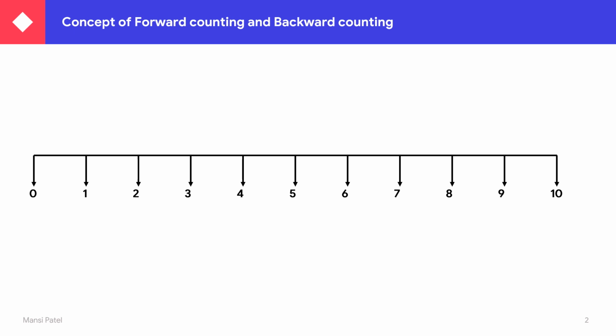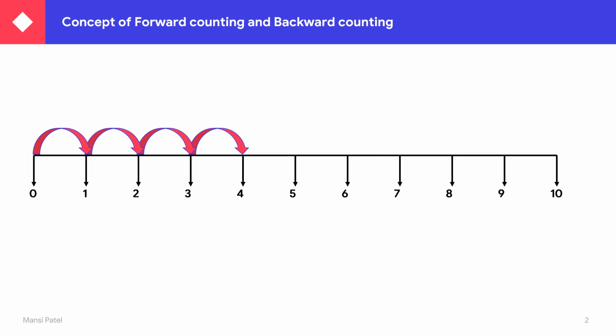So here the first number is 0. When you move from 0 to 1, the value is increased. From 1 to 2, also the value is increased. From 2 to 3, also increased. Then 3 to 4, also increased.